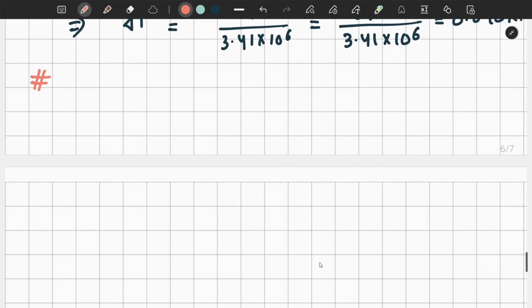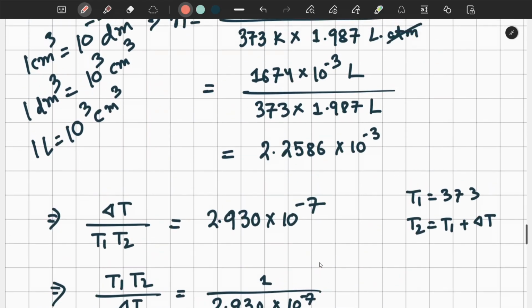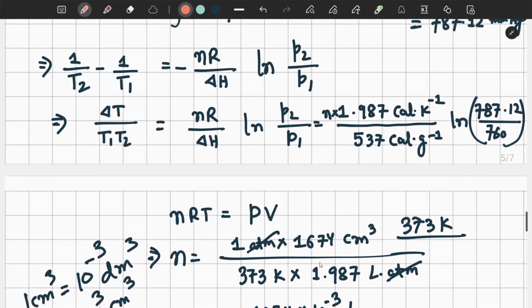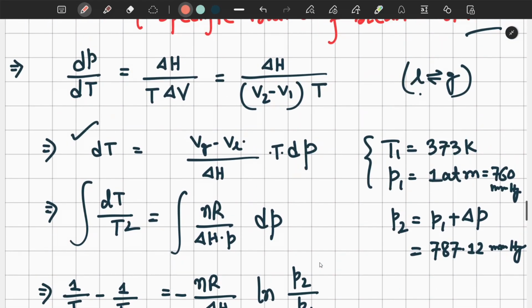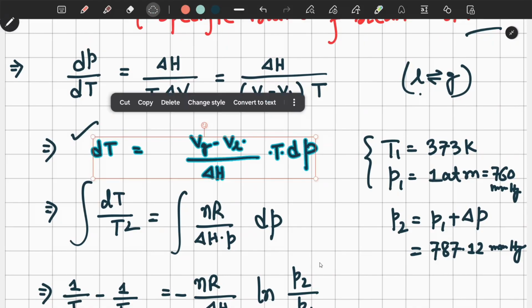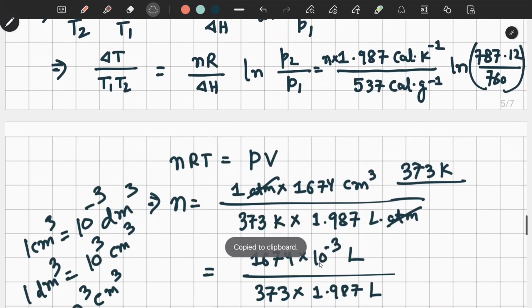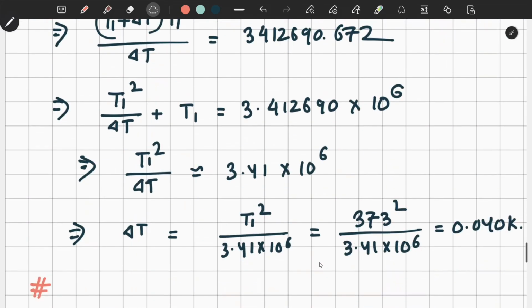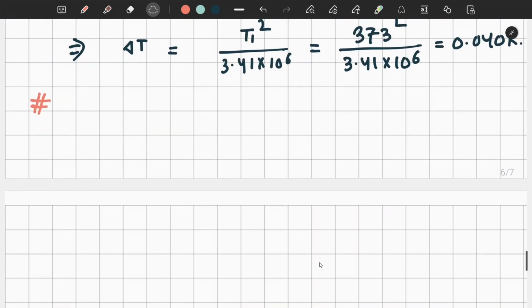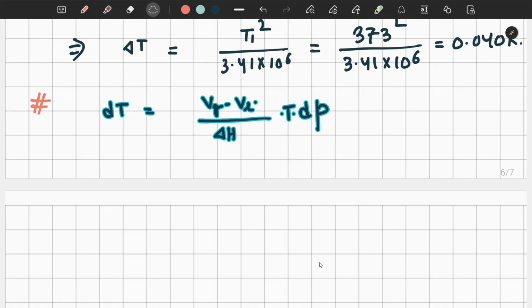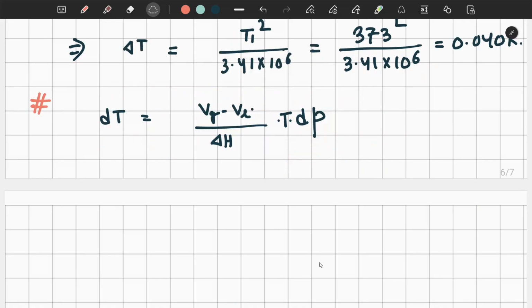So now you have to just use this formula, dT equals this one. Then these things you can write directly, Vg.